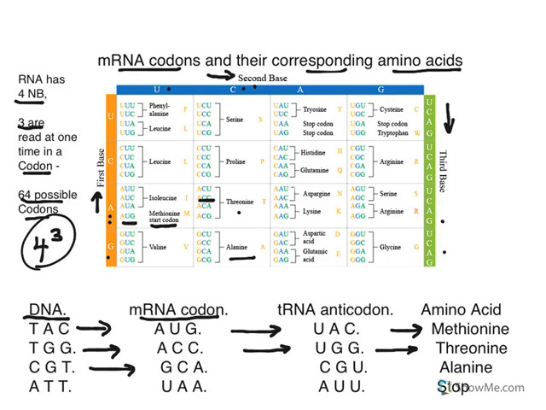That would be C, G, U. The last one that I have for you here is if the DNA said ATT, that would be transcribed as UAA. And if you look at the table, UAA would be a stop codon. So the tRNA that would bring the stop codon into position would be AUU.